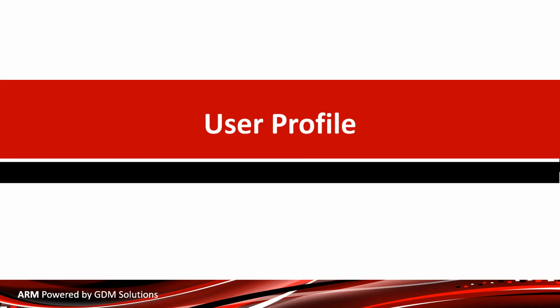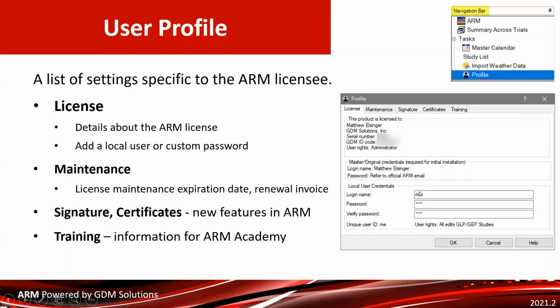So the two features we added to ARM really drove this idea of adding a user profile. And so this user profile is a spot where we can have particular settings and information about the ARM licensee, the person using the ARM software on this computer.